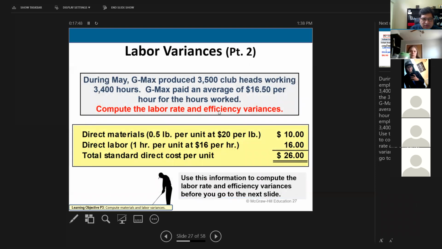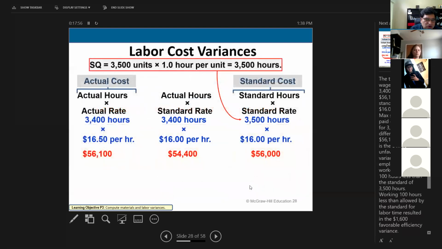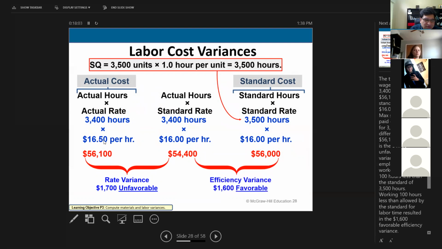So again, the same information, you use 3,400 hours at an average rate of $16.50 per hour. This was the standard. So you do the same thing. You paid more by 50 cents for 3,400 hours. So your unfavorable variance of 1,700 over here. Standard hours allowed were 3,500 for 3,500 units.